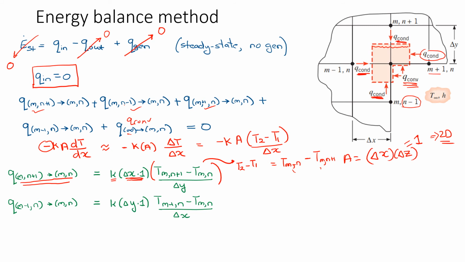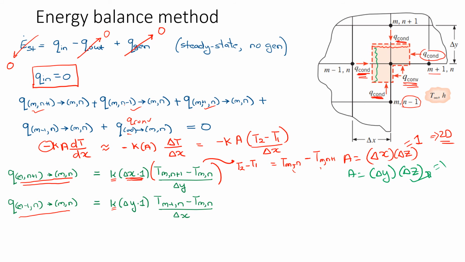So let's look at your heat in the X direction. How will you write the conduction coming from left to right? Your thermal conductivity will be K, and your area in this case will be delta Y times delta Z. So it will be this area right here. Because we are just looking at 2D conduction, our delta Z will be equal to 1.